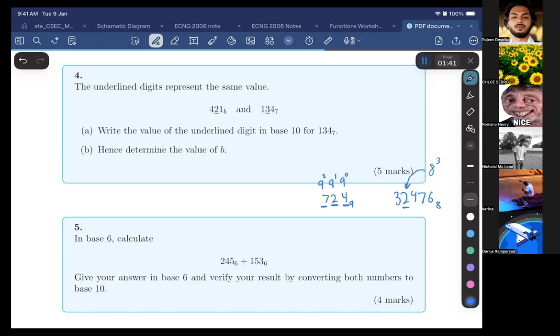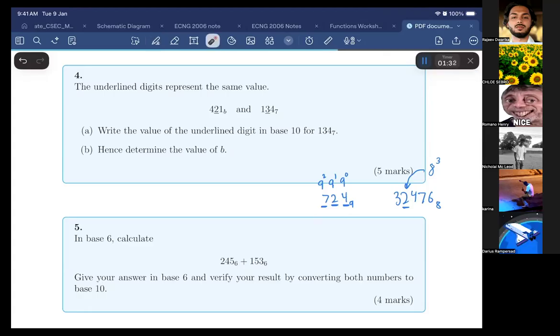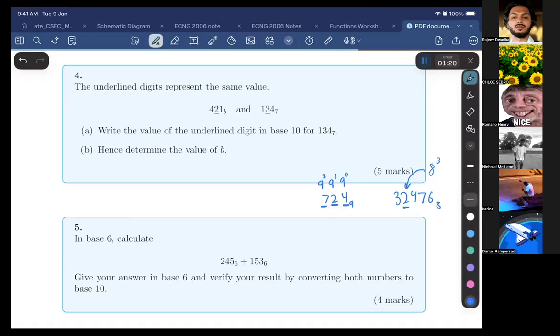Once you could understand this, Karina, I think you could handle 4A. So Karina, if I asked you what was the value of the 2 in base 10, what would you tell me? 9 to the power 1.